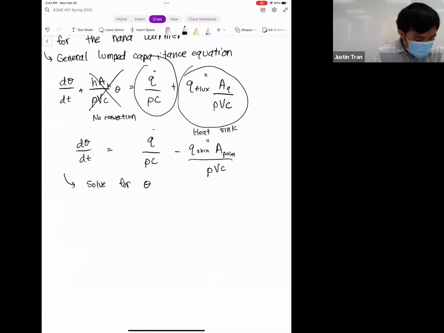But luckily for us, we don't have any convection. And it turns out convection is the thing that's most difficult to solve with these things. And so what we can do, since all of this over here is constant, we can just simply separate the variables.